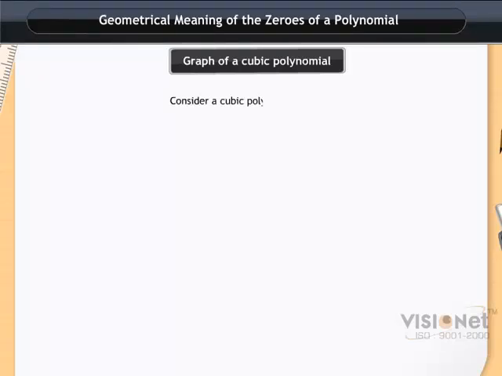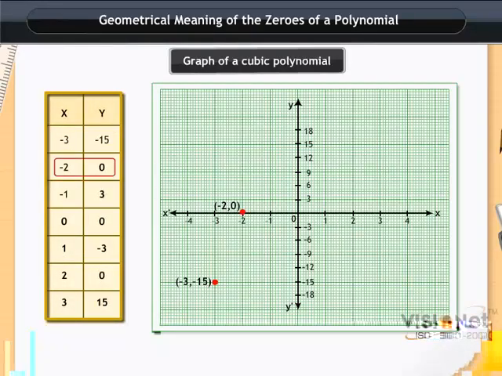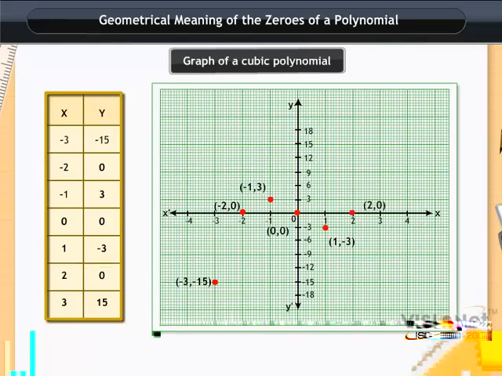Consider a cubic polynomial y is equal to x cubed minus 4x, and for various values of x, we get the corresponding values of y as shown. Now plot the points one by one on a graph paper and join them as shown.